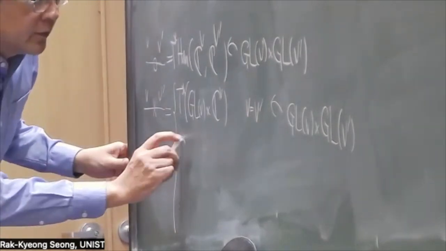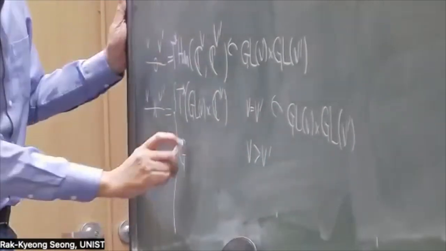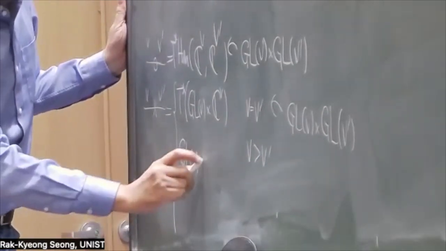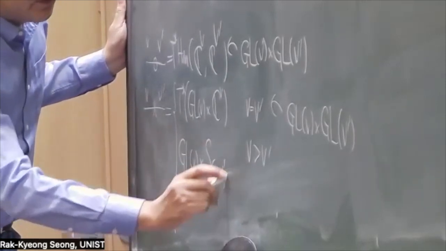Next, if V is larger than V prime, it is GL V times S of V minus V prime, 1 V prime.